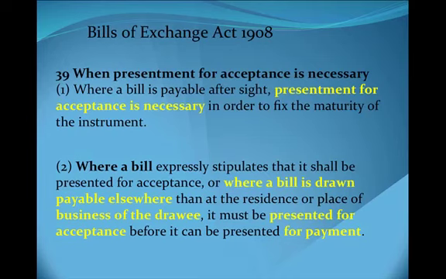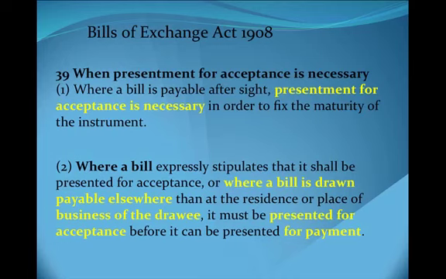So where a bill expressly stipulates that it shall be presented for acceptance, or where a bill is drawn payable elsewhere. Now this is payable elsewhere because it's payable in the Treasury. So where a bill is drawn payable elsewhere, then at the residence or place of business of the drawee, it must be presented for acceptance before it can be presented for payment.